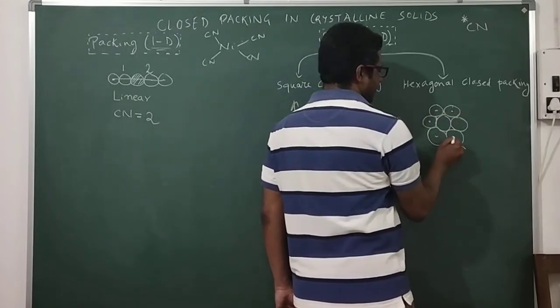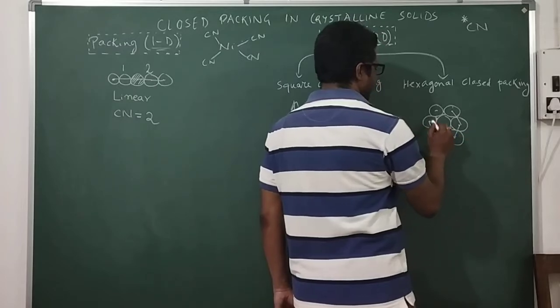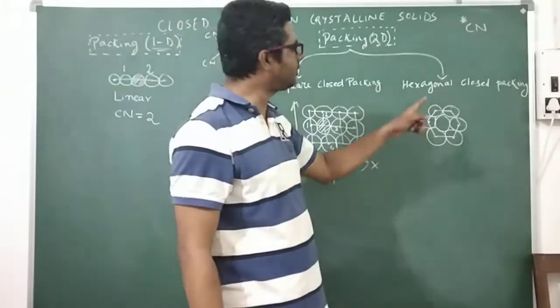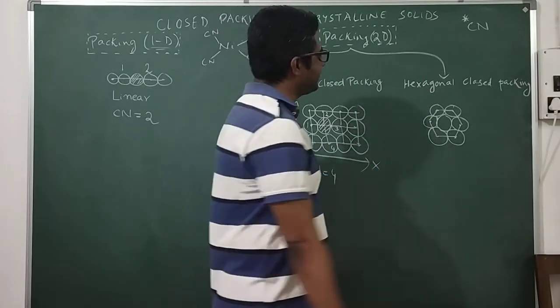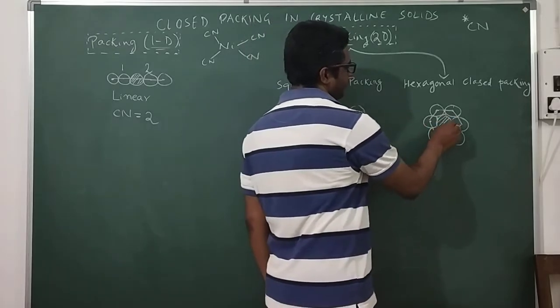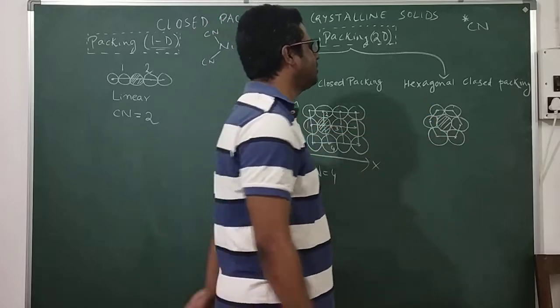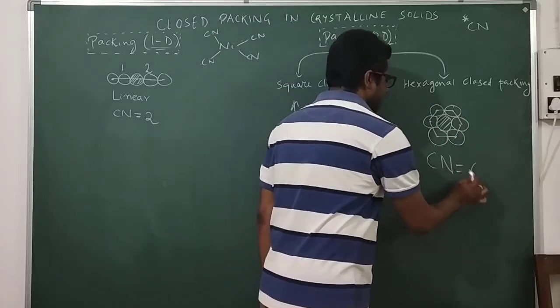First we have to mark the centers and let us join them. What is it forming? A regular hexagon. So that is why it is called hexagonal close packing. Let us take a reference atom, this one. It is attached with all these 6 atoms. So the coordination number of this kind of packing is 6.